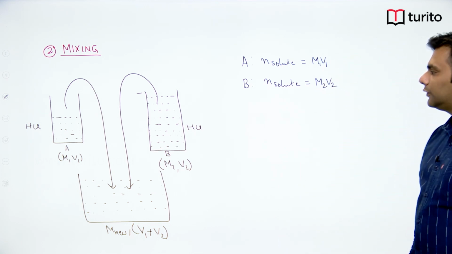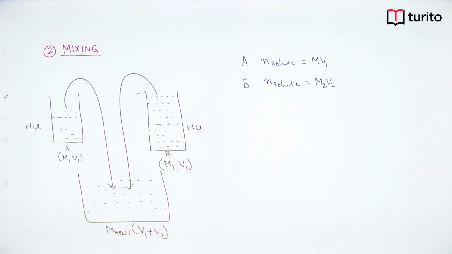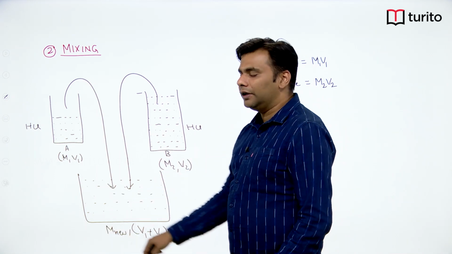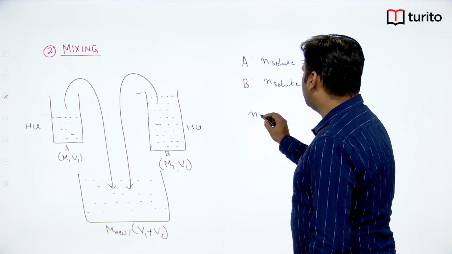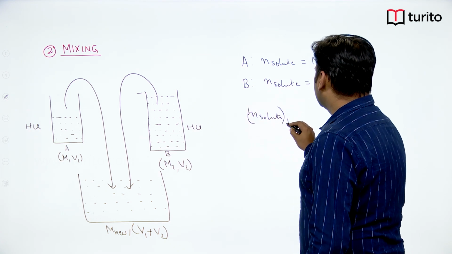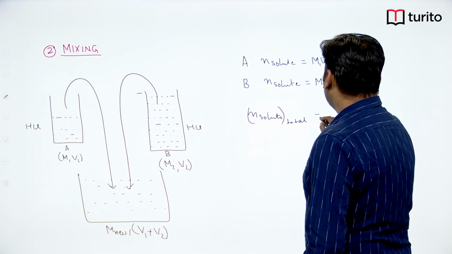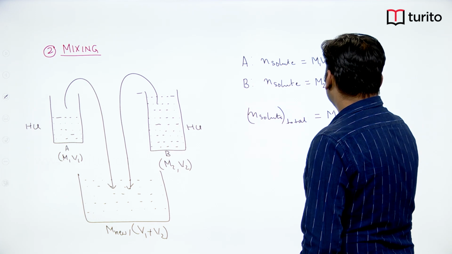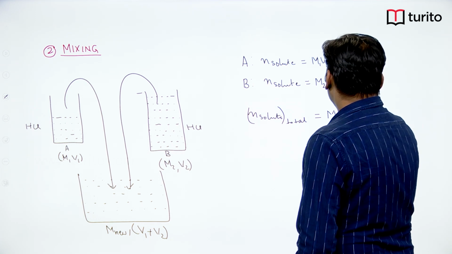So when we are mixing them, the total number of moles of solute in the final solution would be M1 V1 plus M2 V2.